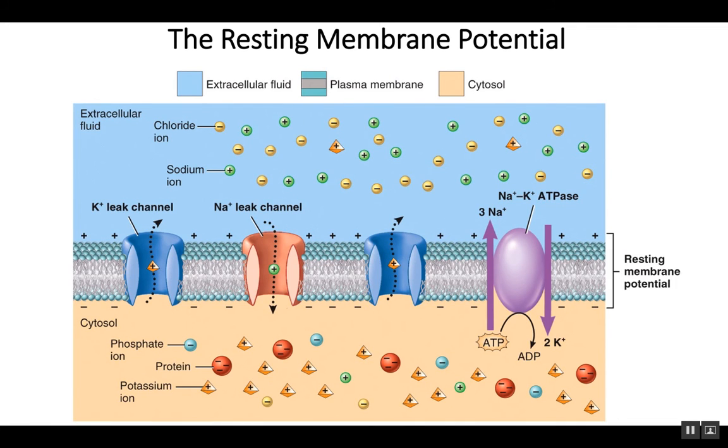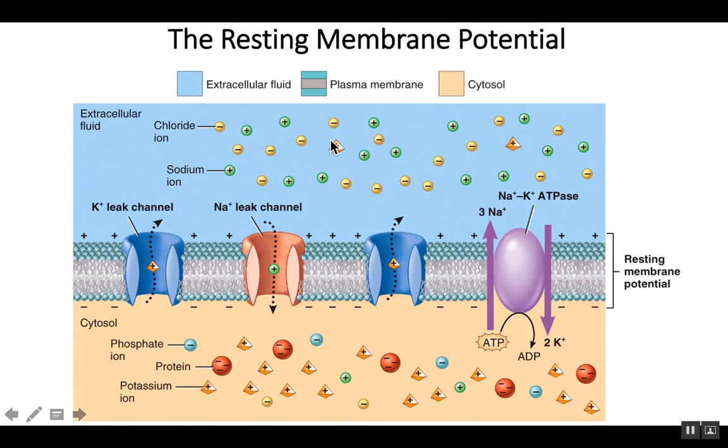This is just another picture helping you visualize kind of the ion differences on the outside compared to the ion differences on the inside of neurons. Notice that on the outside of neurons, there happens to be more sodium and chloride. All right, there's a lot of sodium and chloride outside of cells.